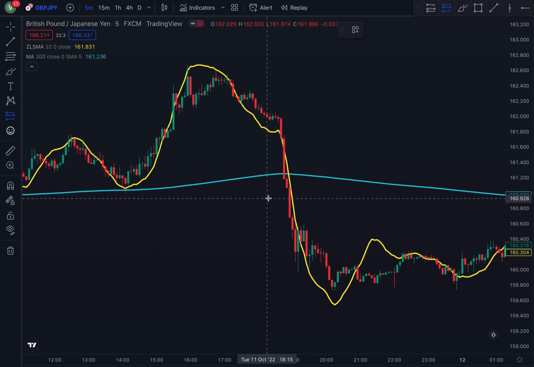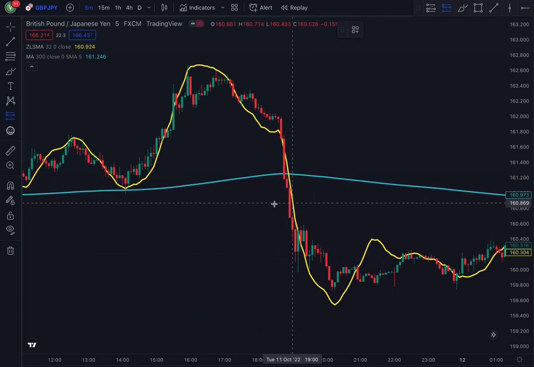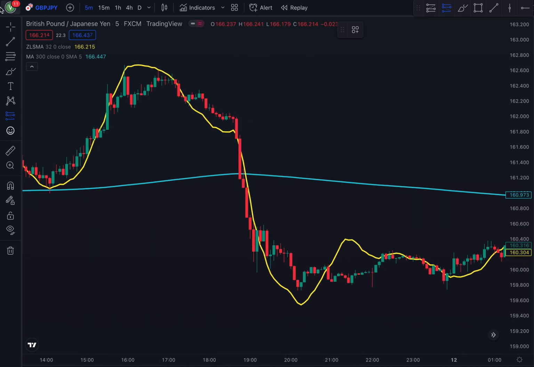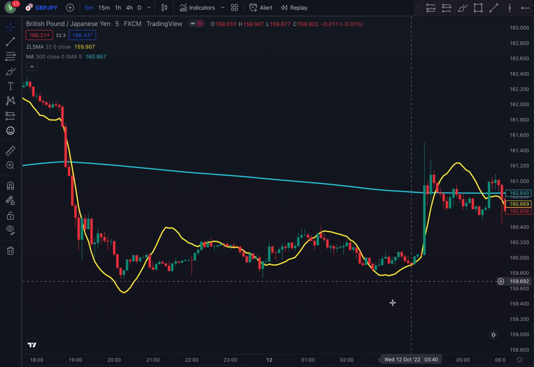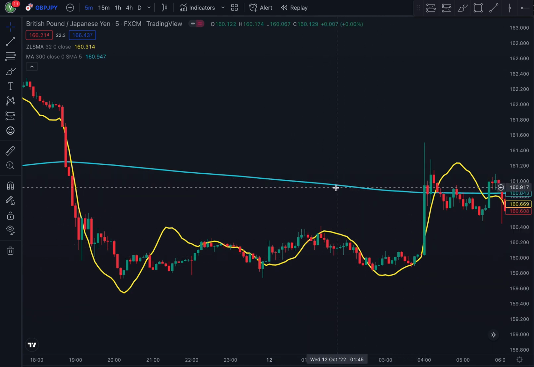And as you can see, when price had broken this level over here, we didn't get any new signal, so we just kept following the price. As you can see, price is below the moving average. We have our zero lag indicator.